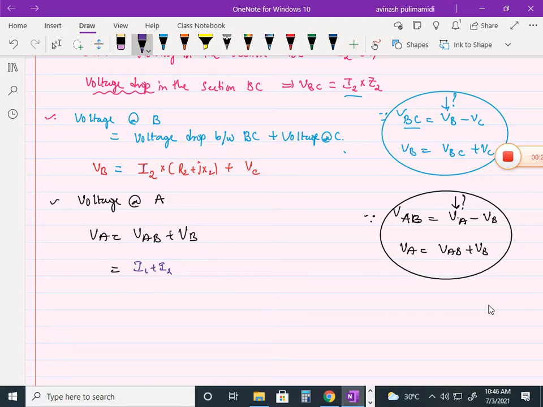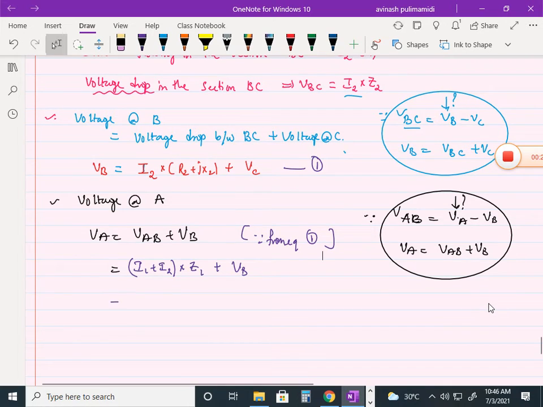I1 plus I2 multiplied by, what is the value of AB impedance? It will be Z1, plus the voltage at B will be this one, from equation 1. Okay, you can even solve the complete value.